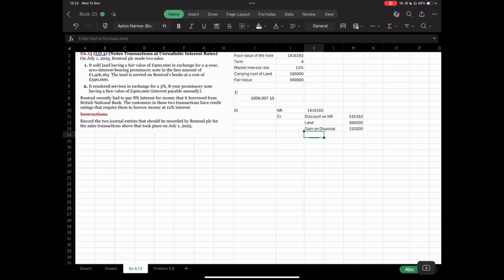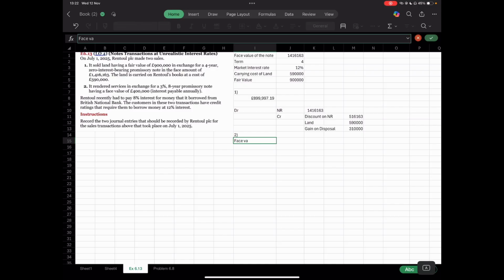So now we're doing the second part. Second part is the services transaction. First, we need to identify the key information again.